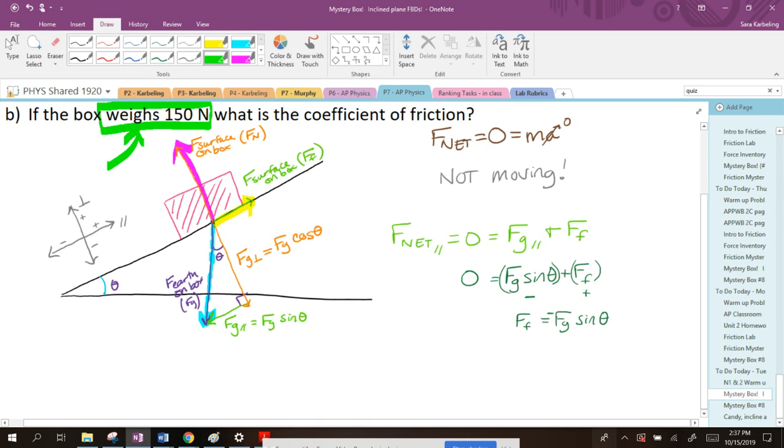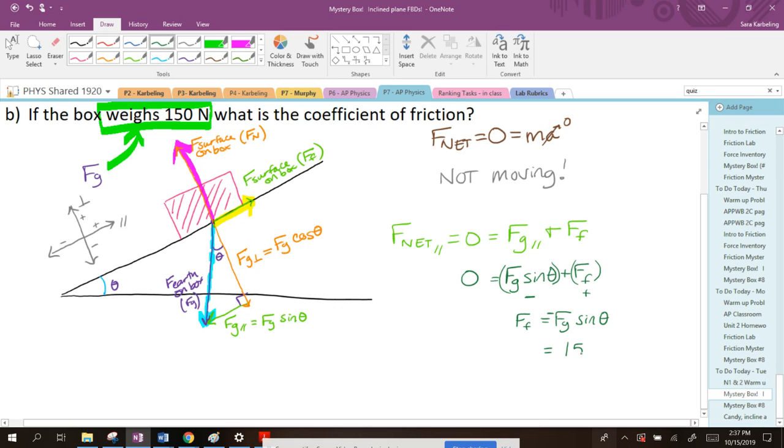What does weight mean? Weight is the force of gravity. So we take FG times sine of 30. Then you make that negative.